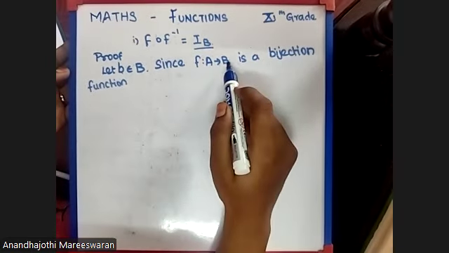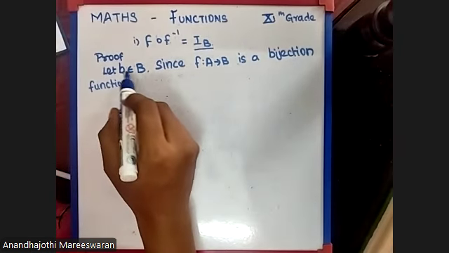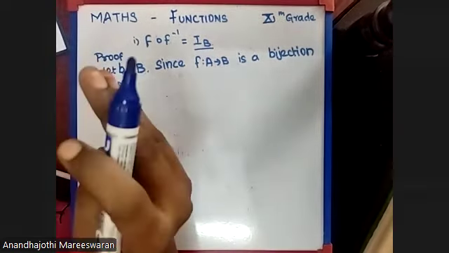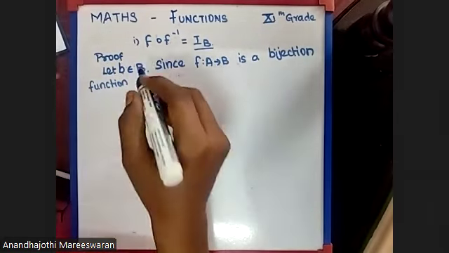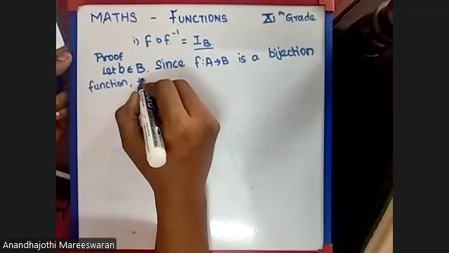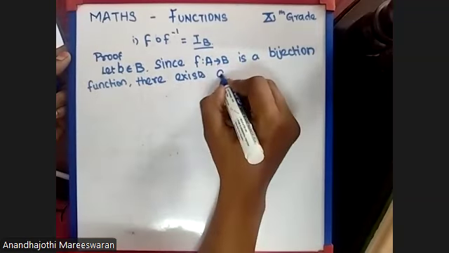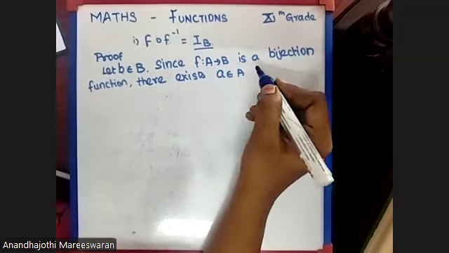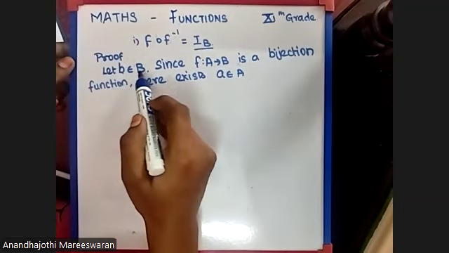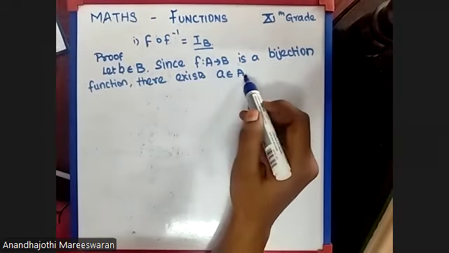So if b belongs to B is an element in B, then the same kind of element will also exist in A. So there exists a belongs to A. Since the function f is a bijection function, if b belongs to B is an element, there must be a similar element in A. So a belongs to A, right?